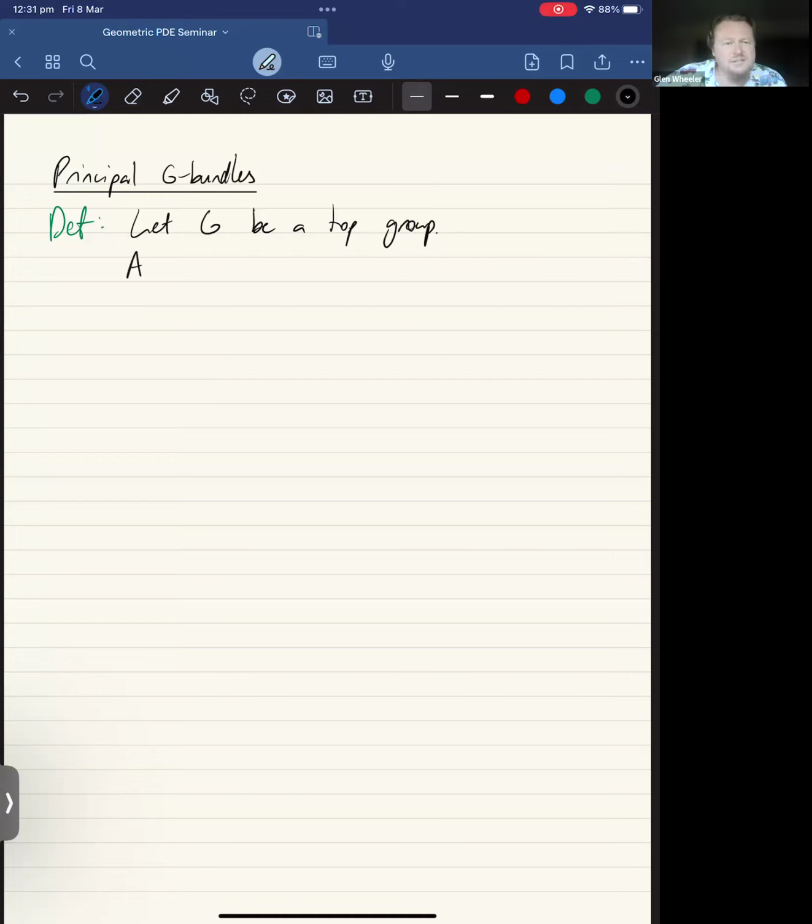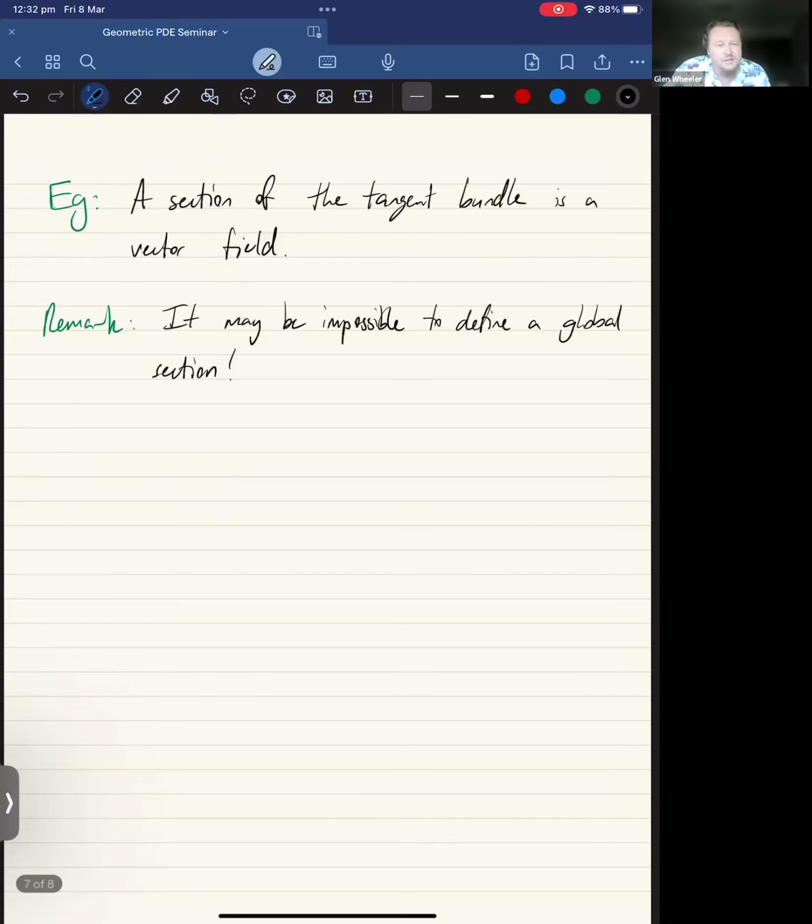Hey, Max. Yes? Just a little question. You can always have the projection being the trivial one, right? That just sends everything to the base point. What are you referring to, sorry? I mean, about not being able to define a global section. I'm just a bit confused about what you meant.